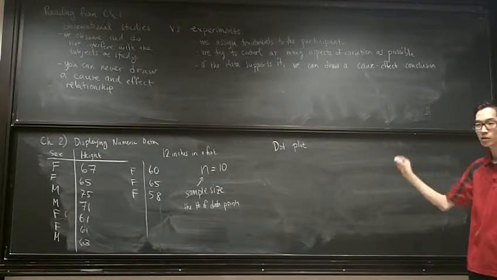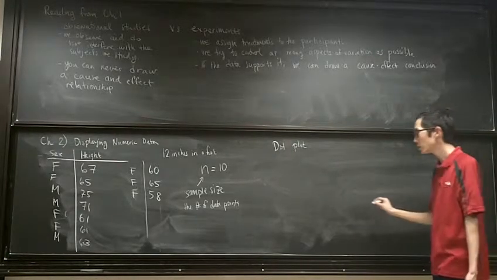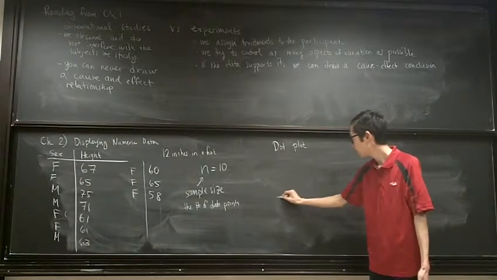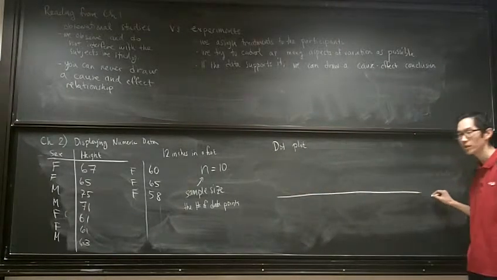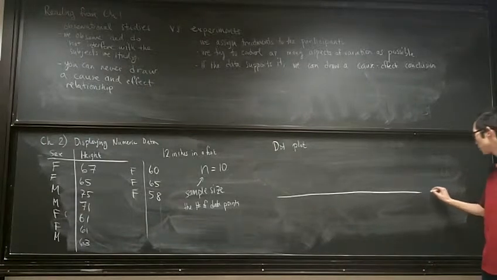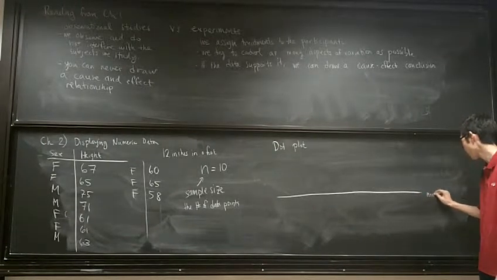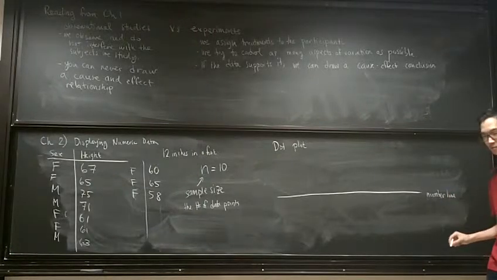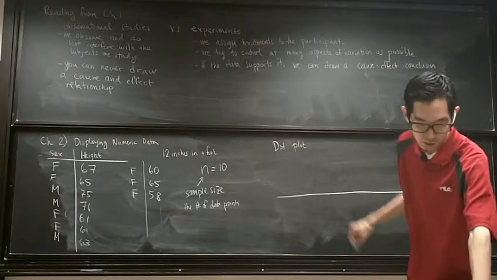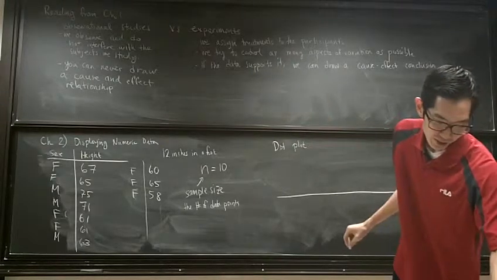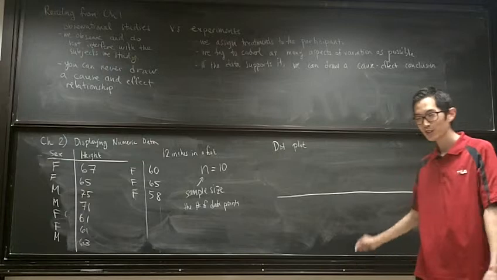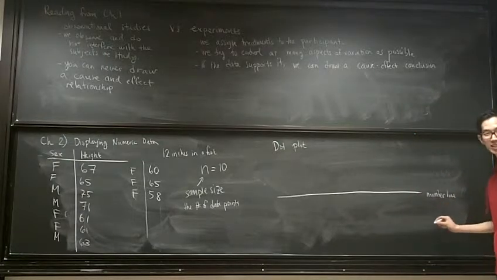Because it's numeric data, for all graphs and charts and plots from numeric data, you always have to put a number line across the bottom. Okay, always put a number line. And we've all used number lines, right?